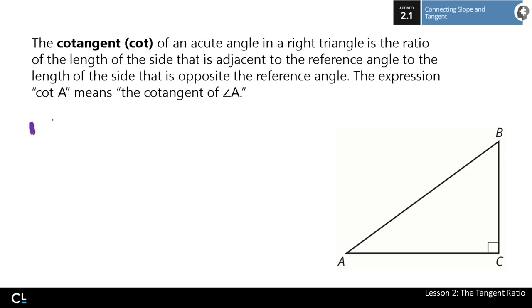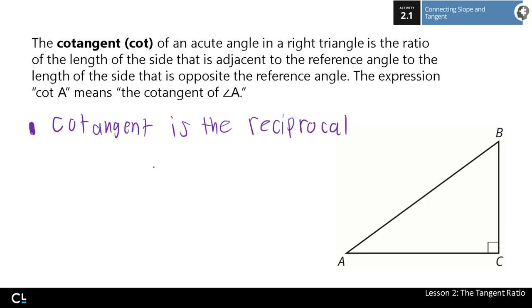So put a bullet point here. We could say cotangent. Actually, instead of opposite, we're going to put is the reciprocal of the tangent.